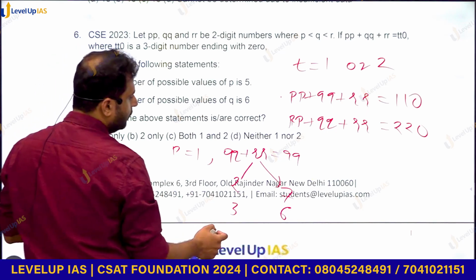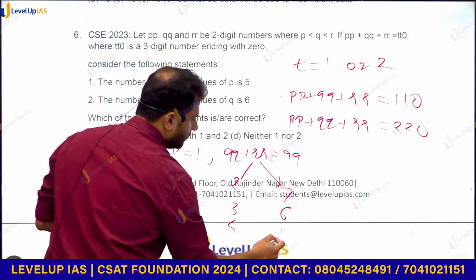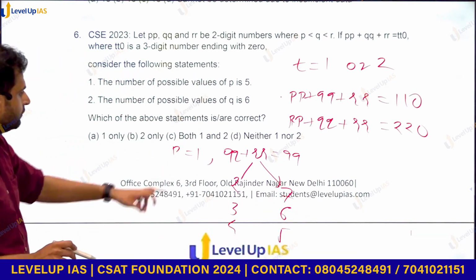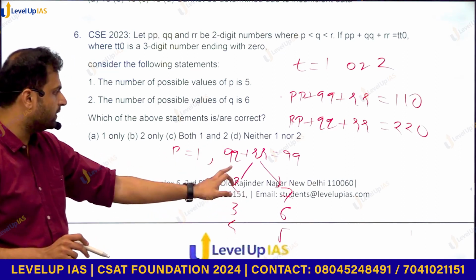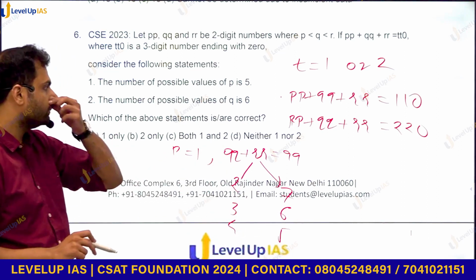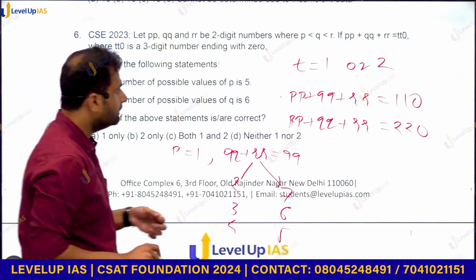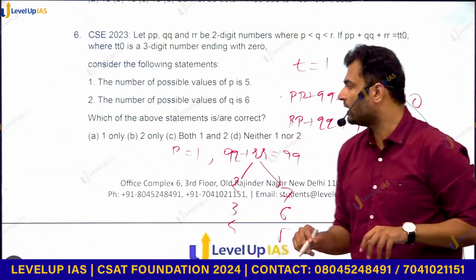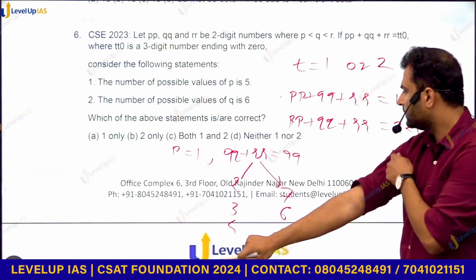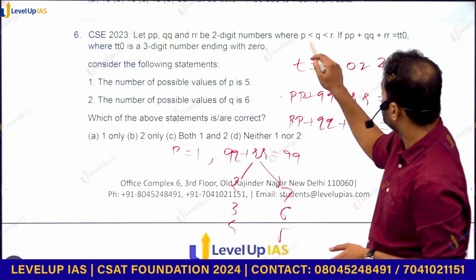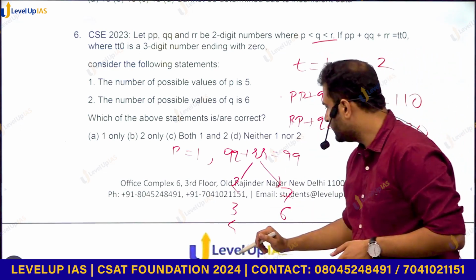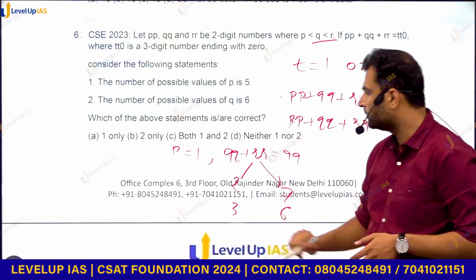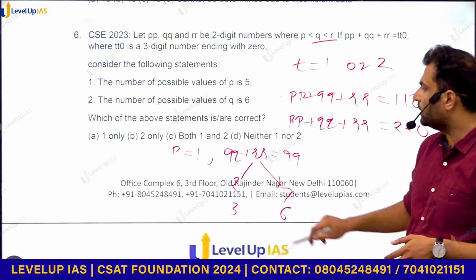If Q is equal to 4, then R is equal to 5. So for P is equal to 1, we have 3 possible values of Q, 3 possible values of R, right? Because P and Q and R are greater than P. Because Q is less than R, this particular case we have to reject. So there are only 2 possibilities here.